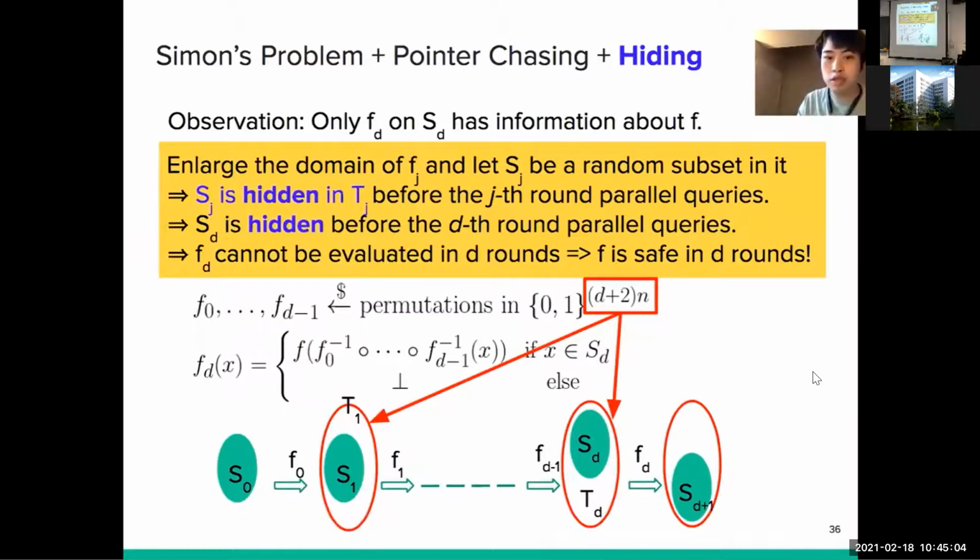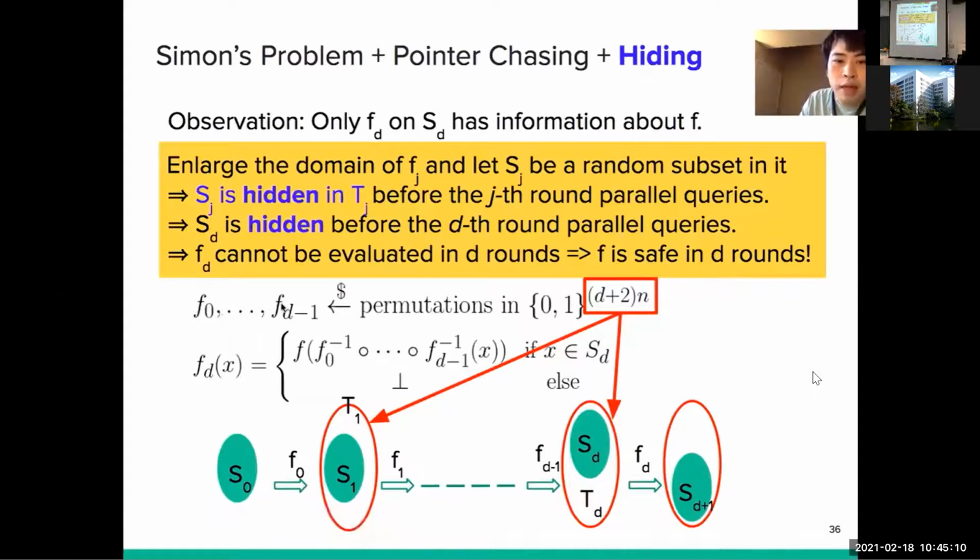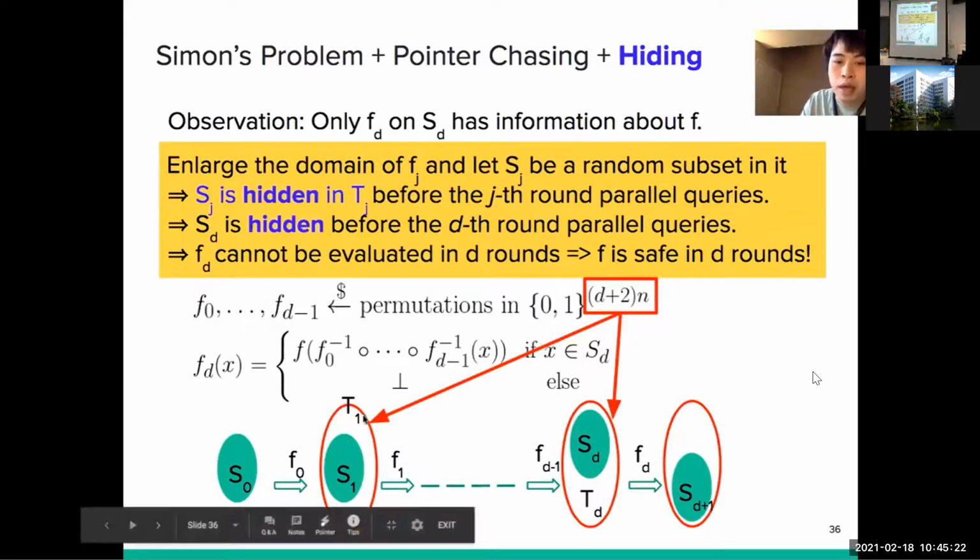We just enlarge the domains of the random permutations. Before that, we have permutations on 0, 1 to the n. Now we enlarge the domain to be permutations on 0, 1 to the d plus 2 n. The same f0 to f d minus 1 are just random permutations.